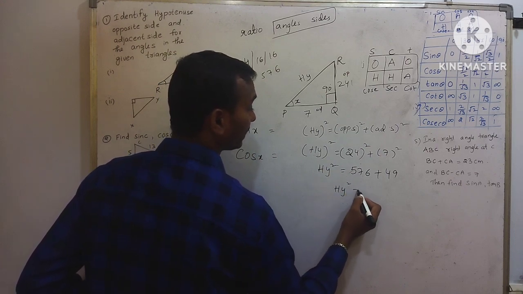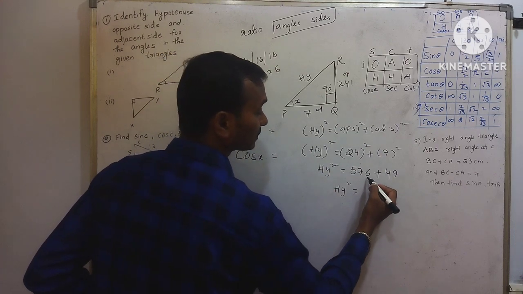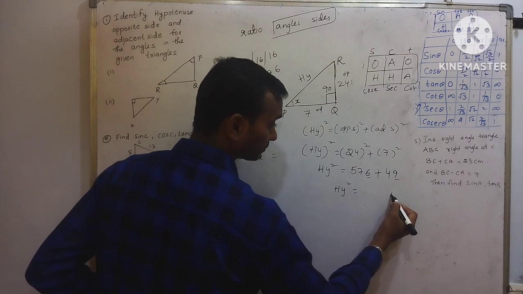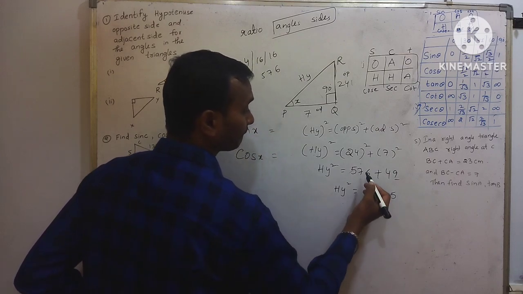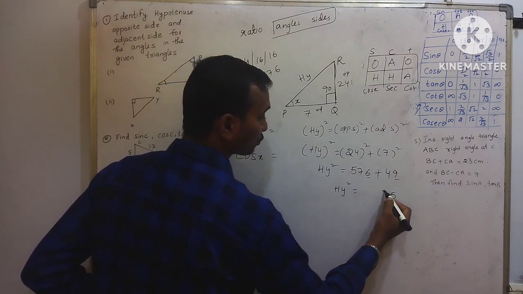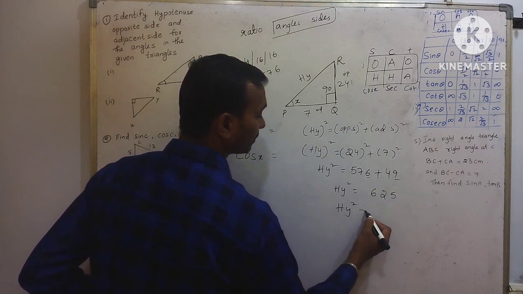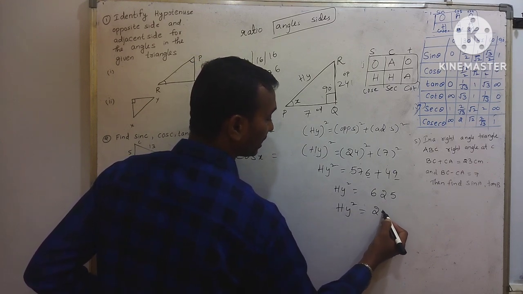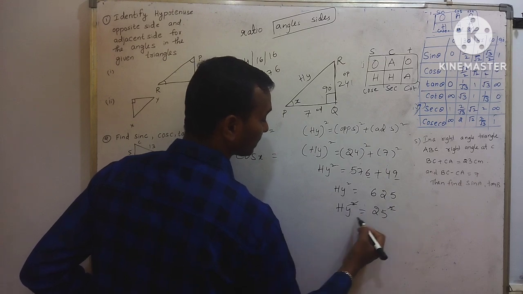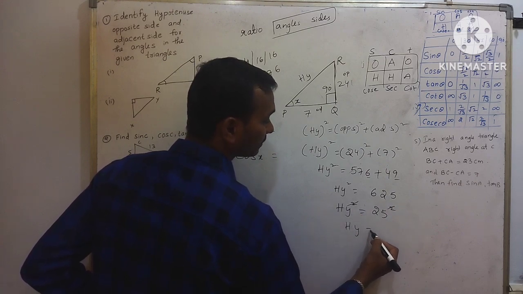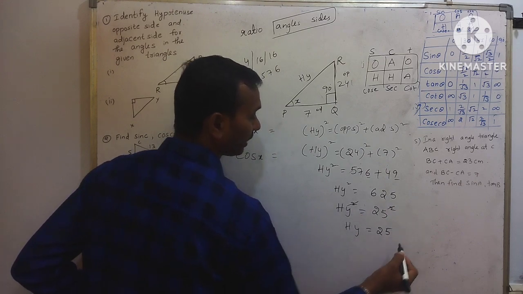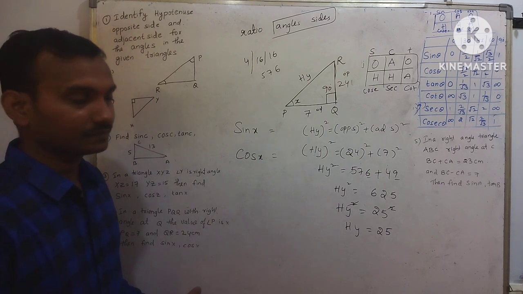Hypotenuse square is equal to 576 plus 49. Now add these two. This will give you 625. Hypotenuse square is equal to 625, which is nothing but 25 square. Square and square cancel. Hypotenuse will be 25.